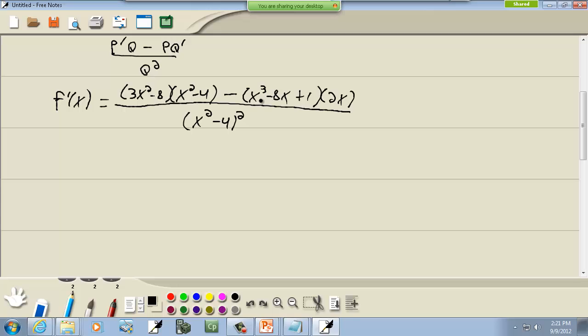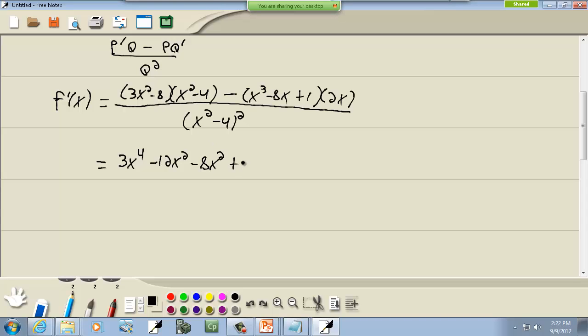Now, I was looking at the top. I don't see that they have anything in common GCF-wise. So I'm just going to use brute force to get rid of the parentheses, combine like terms, and see what happens. Well, 3x squared times x squared gives us 3x to the fourth. 3x squared times negative 4 gives us negative 12x squared. Negative 8 times x squared gives us negative 8x squared.